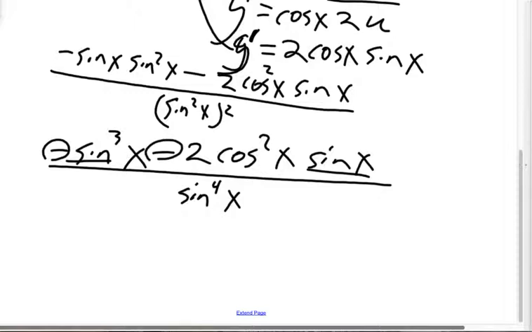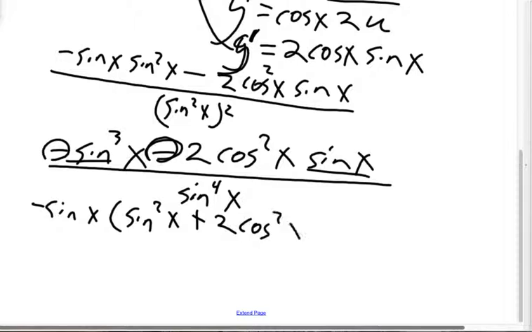Ooh, neat. So let's factor out the negative. I'm going to have sine of x, and this will be times sine squared of x plus, because I pulled the negative out, 2 cosine squared of x over sine to the fourth of x.